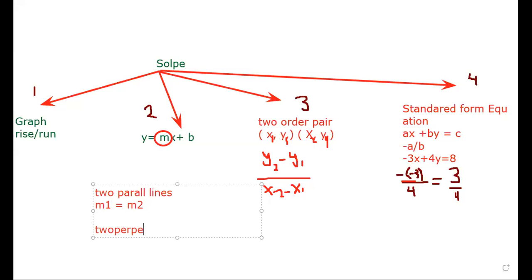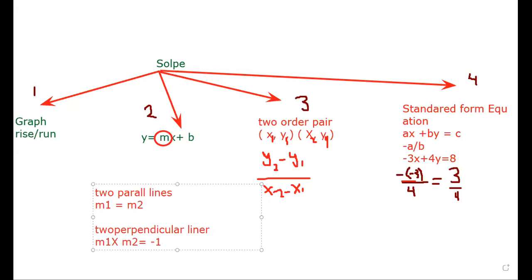Okay. What about if you have two perpendicular lines? The product of M1 and M2 should be equal to negative 1.